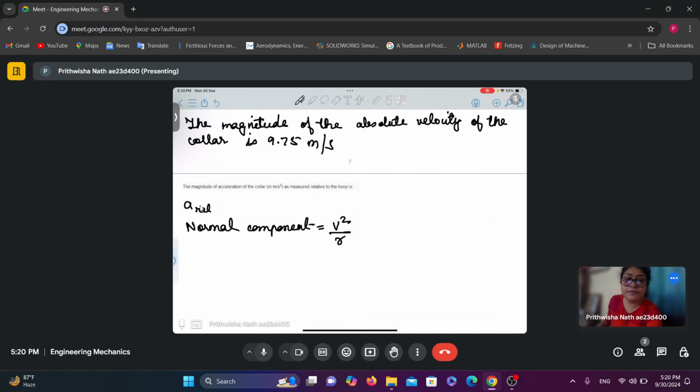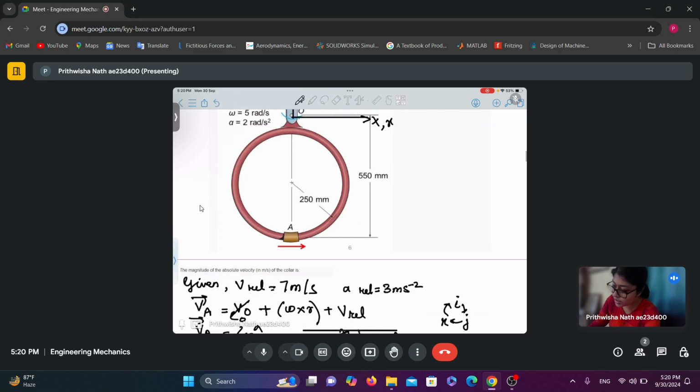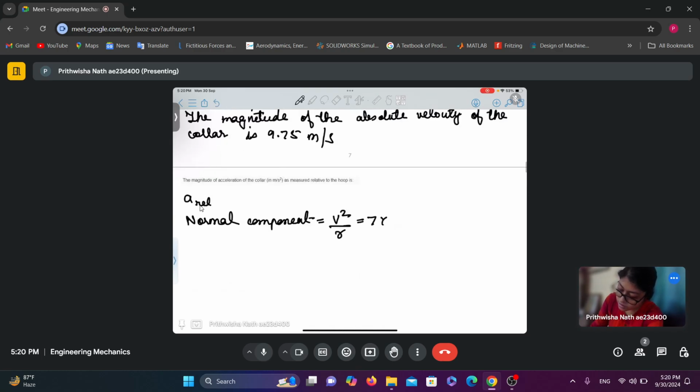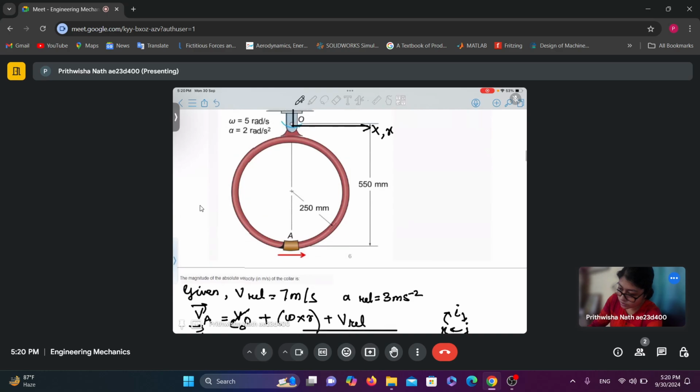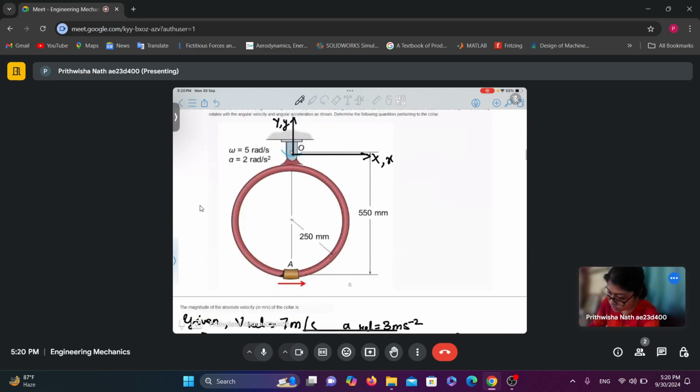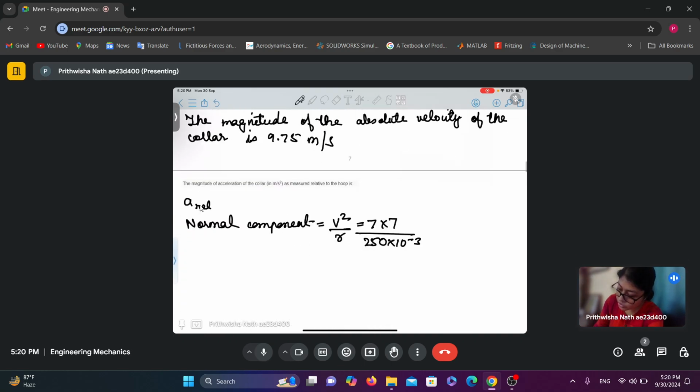Now v is already given in the problem, which is nothing but 7 meter per second, and r is 250 millimeter. So this becomes 196.